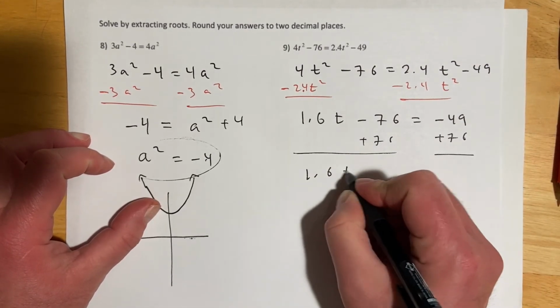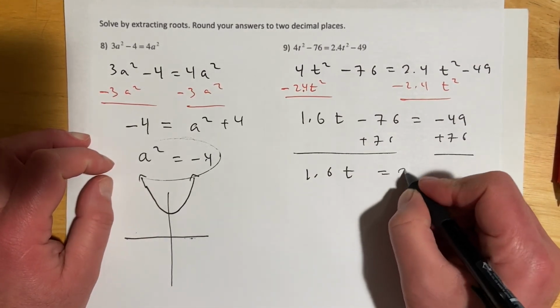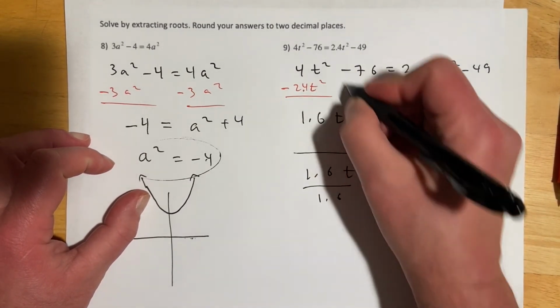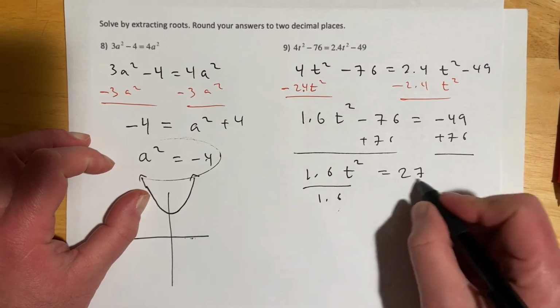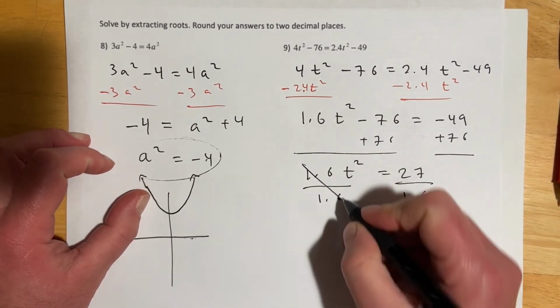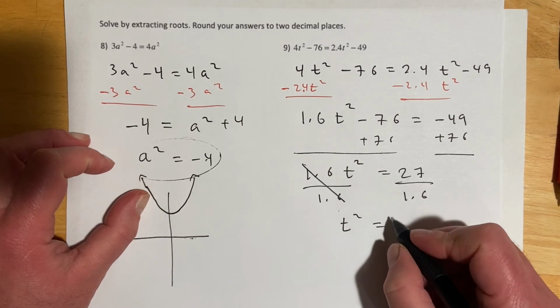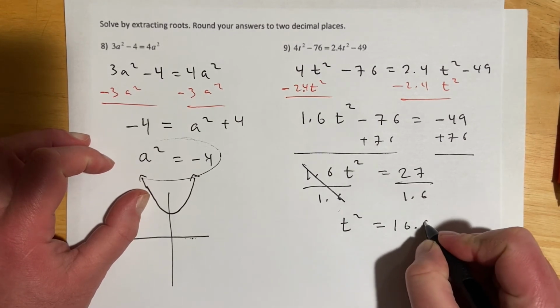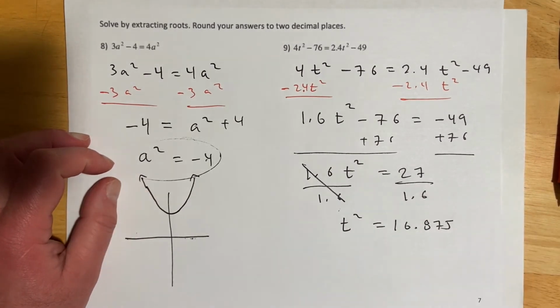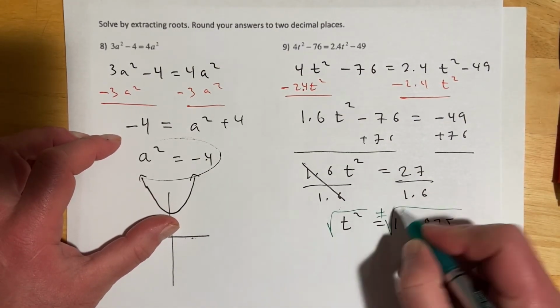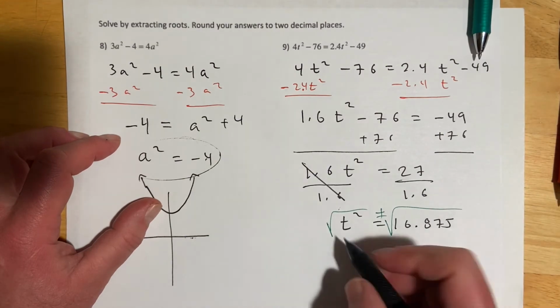So 1.6t squared equals 27. And then divide over that 1.6. Oops, I dropped my squared up here. And so now I have t squared equals, that came out to 16.875. And now to undo the square again, I use my root with my plus or minus.